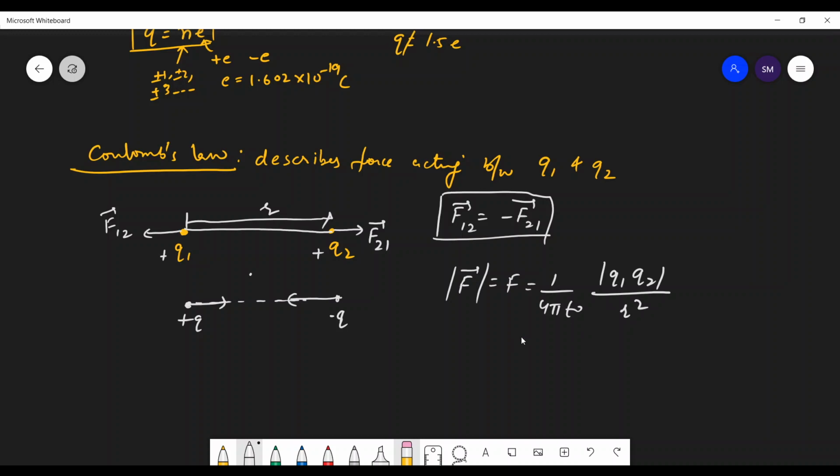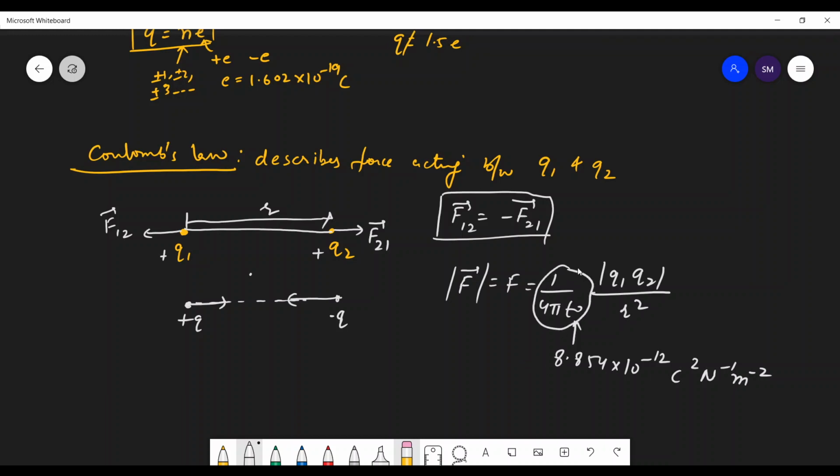This epsilon naught is the permittivity of free space, and the value of epsilon naught is 8.854 into 10 raised to the power minus 12 coulomb square per newton per meter square.